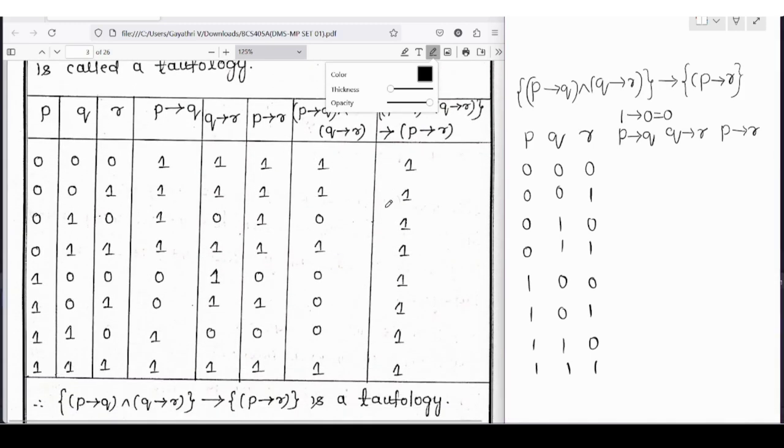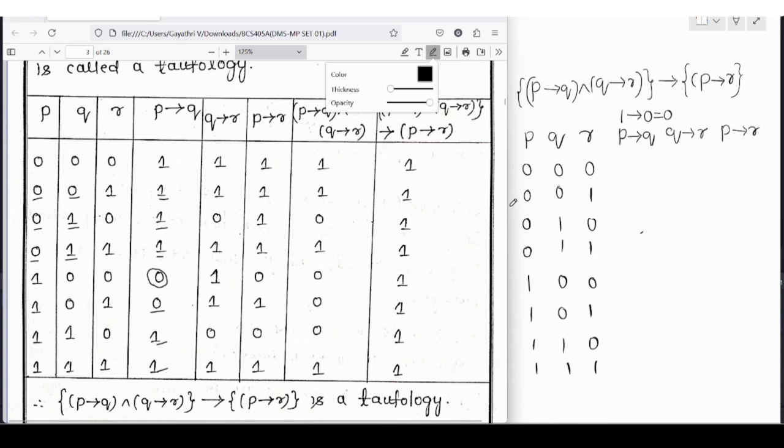P conditional to Q: 0 conditional to 0 is 1, again 0 conditional to 0 is 1, 0 conditional to 1 is 1, again 1. Then 1 conditional to 0 is 0, again 0. Next 1 conditional to 1 is 1, and again 1.